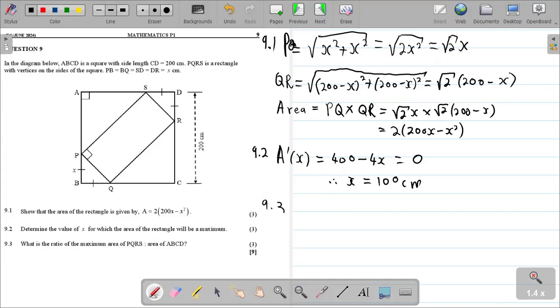Then 9.3. What is the ratio of the maximum area of PQRS?